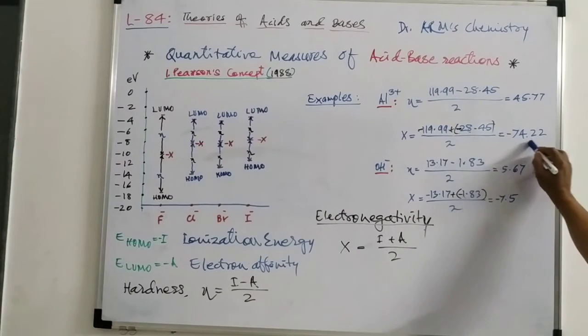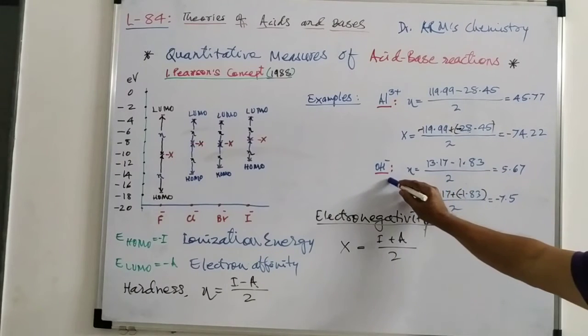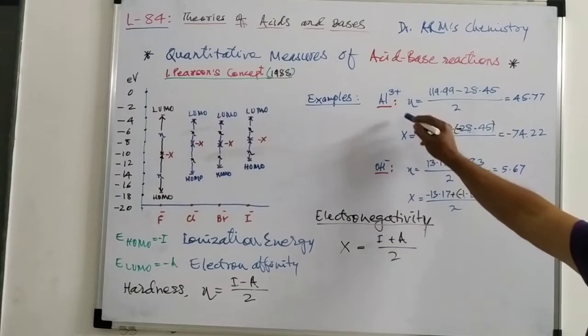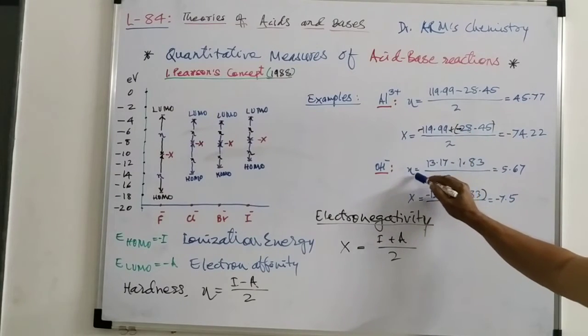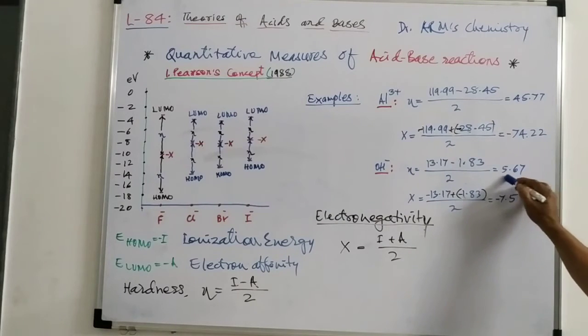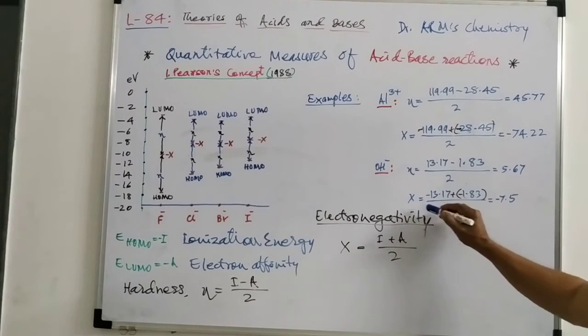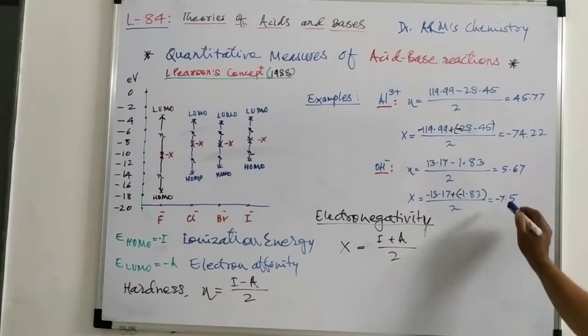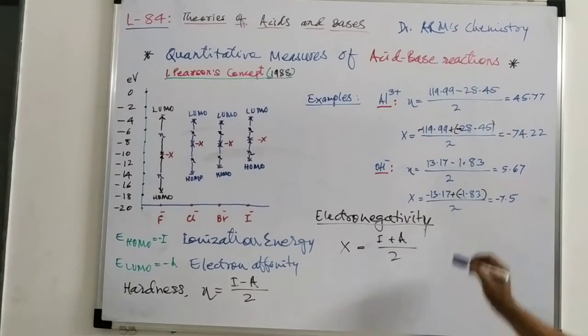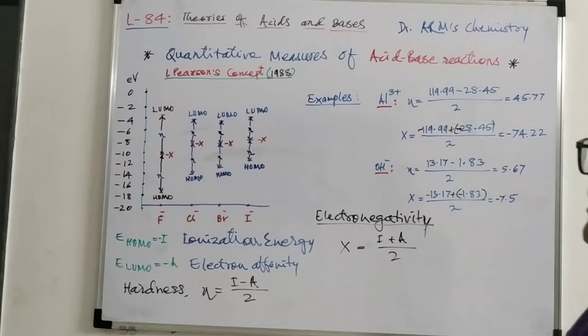Similarly for OH minus, the eta value is 5.67, but X is minus 7.5. This is because of the negative values and half of those values.